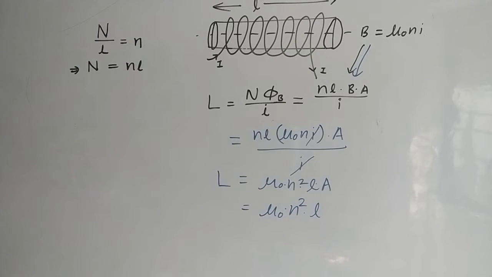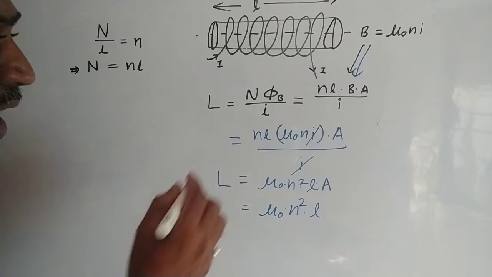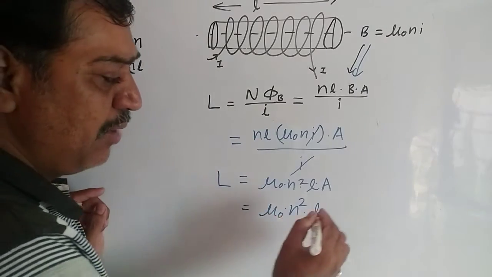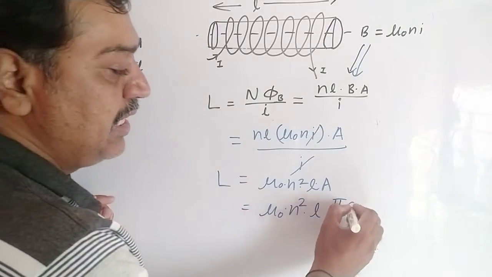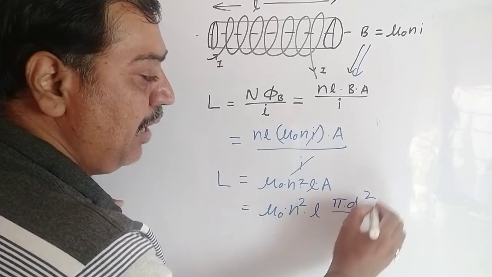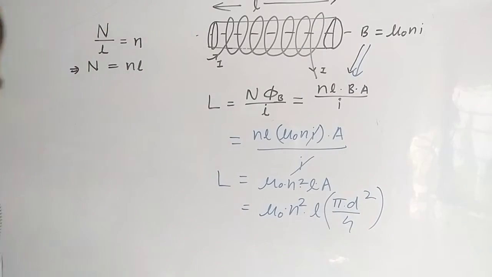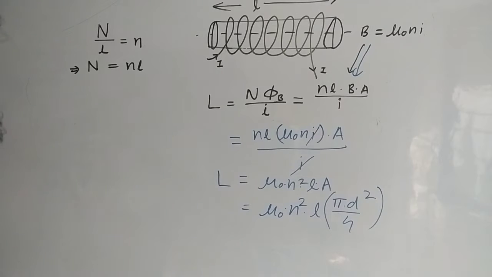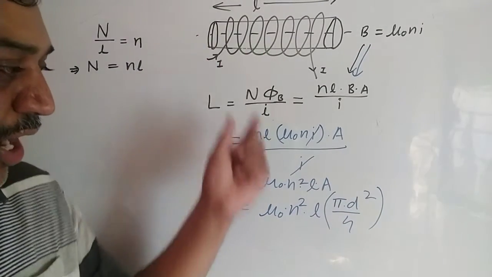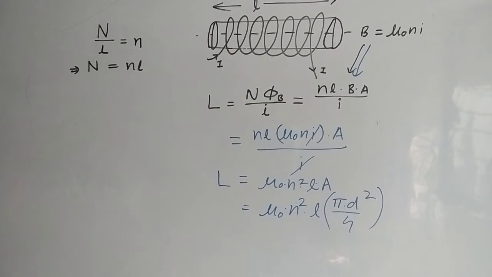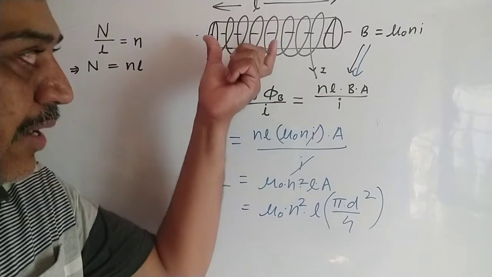Now what is the area? Area of the cylinder is pi r square, that is pi d square divided by 4, where d is the diameter of this solenoid.